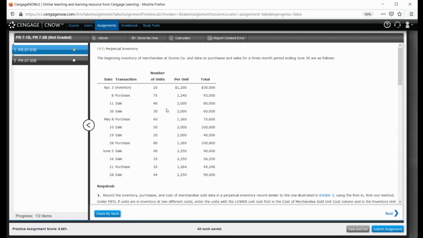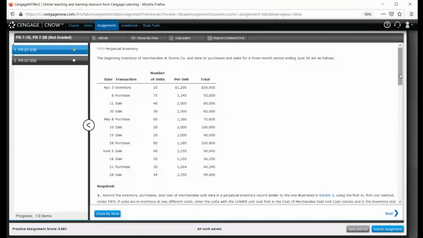If you multiply 40 units that you sold times $2,000, the selling price of each one of those units you sold, your total sales on April the 11th will be $80,000. That's your total sale. That is not the cost of the merchandise.